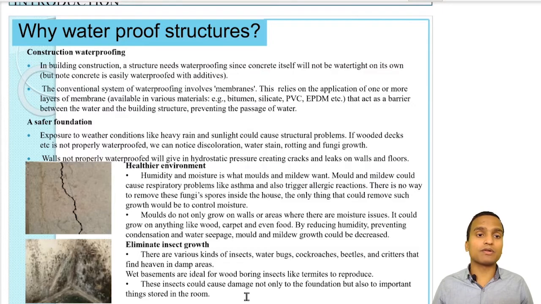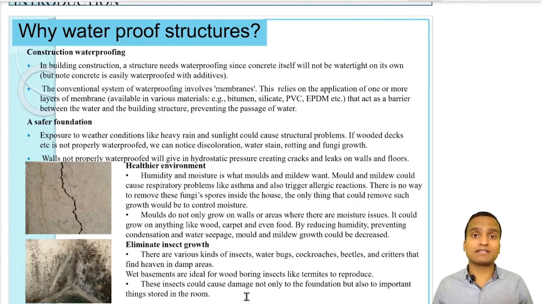Now waterproofing also makes the foundation much safer, because when the foundation is exposed to weather conditions like heavy rain and sunlight, which are two contradictory environmental situations, and there is alternation between them, there are good chances that the structure will fail, and that's why they cause structural problems.